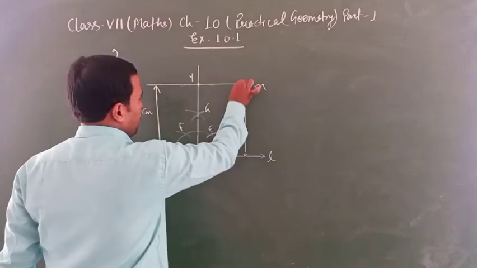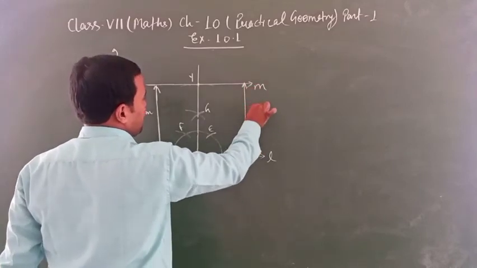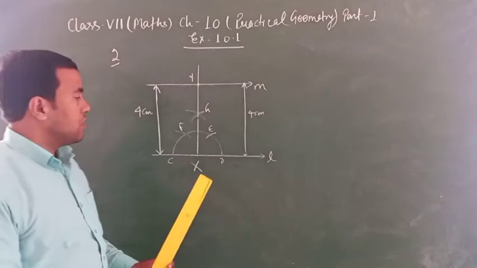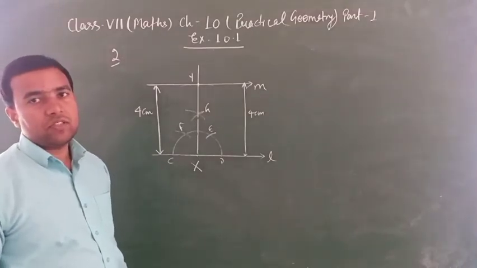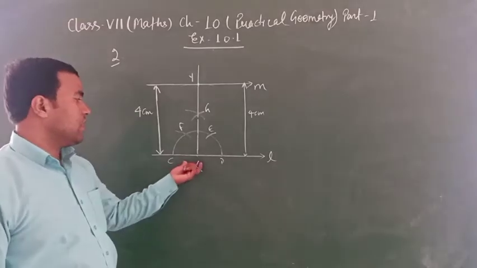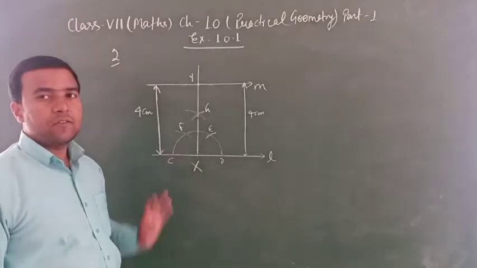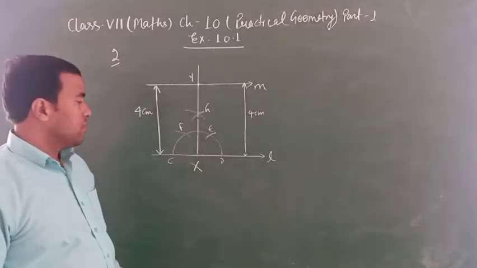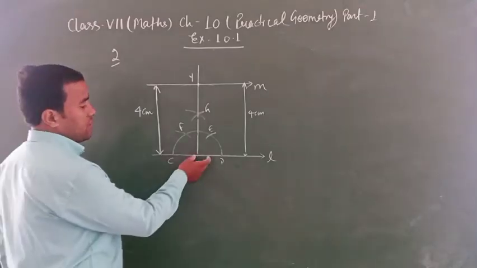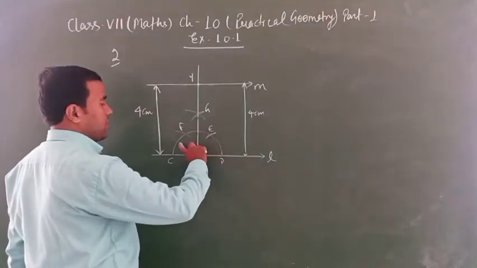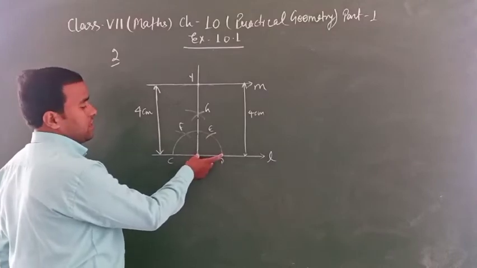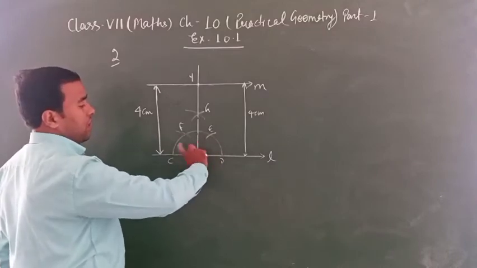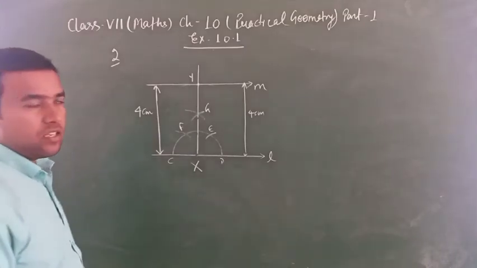This arc is 4 cm. Clear? So the steps of construction you can write. First step, draw a line L. Clear? First step. Second point, take a point X on L. Clear? With X as the center, any radius take and make an arc CD. Clear?